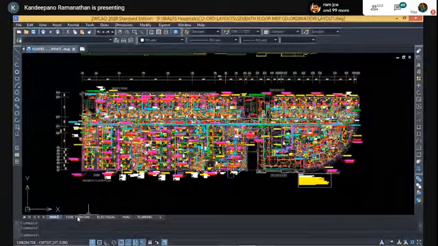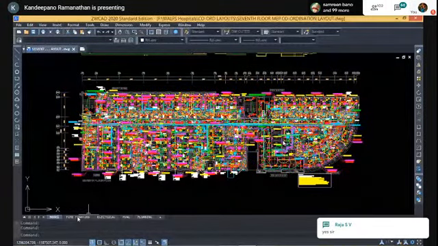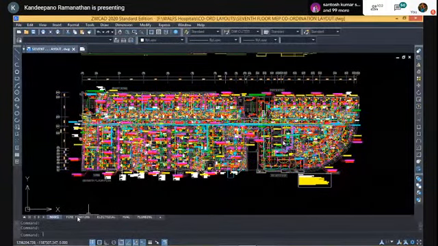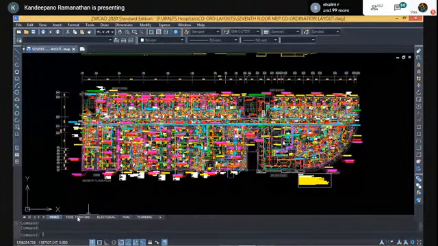Now, having said what is MEP, what are the components of MEP design features, etc., now, what do you do? I have told what are the components, and what do the guys who are so-called MEP engineers do?